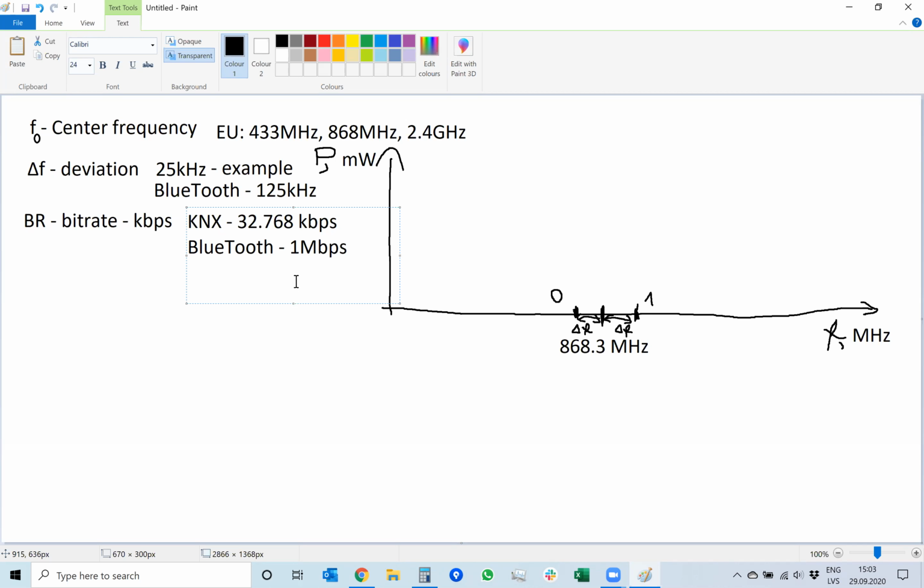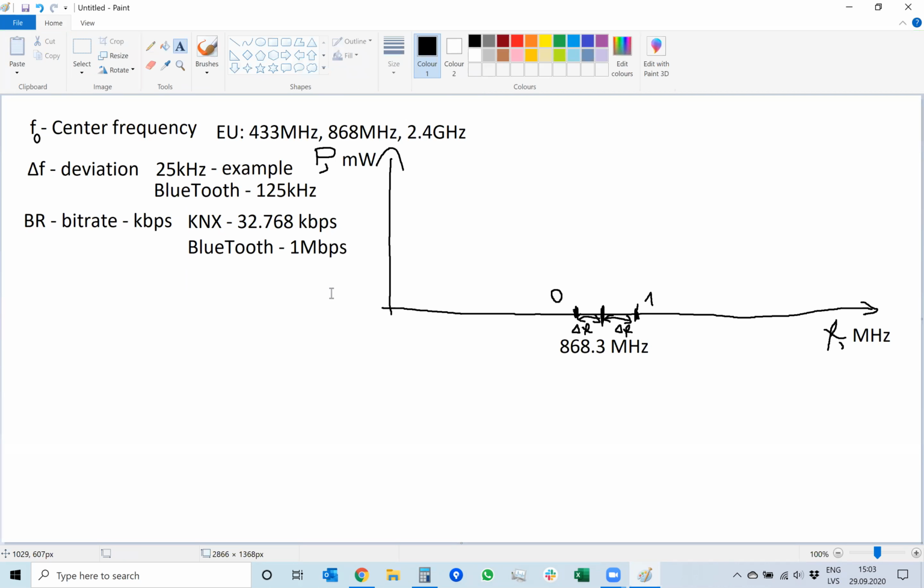And how to choose the bitrate? It's really easy to imagine from the receiver point of view: if you are far away from the transmitter, it's easier to receive the signal if each of these bits is sent for a longer time.